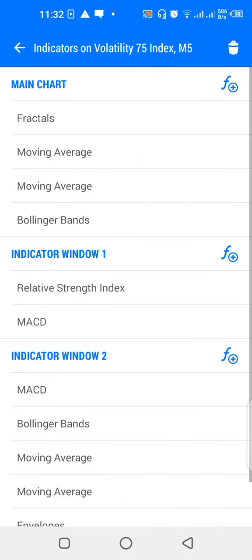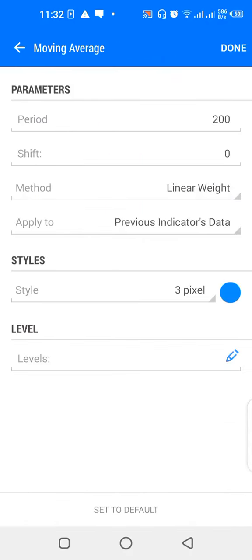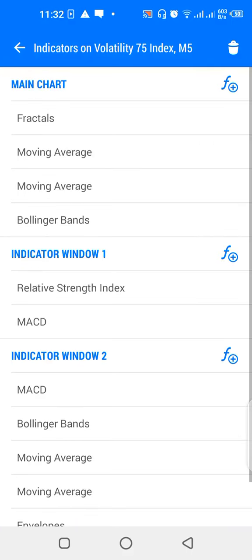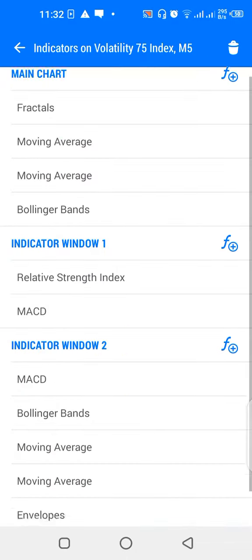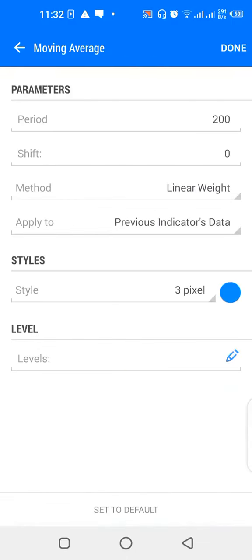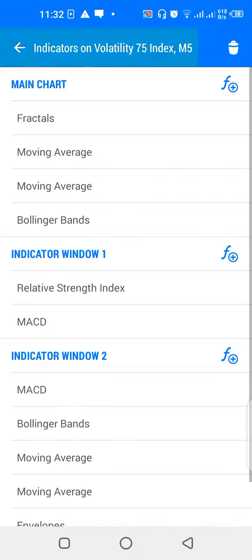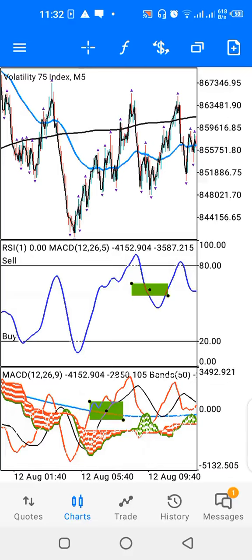The blue line is the 200 linear weight, previous indicator's data. Okay, so when the red and the black line cross above the Ichimoku and also above the 200 period moving average, you can place your buy.